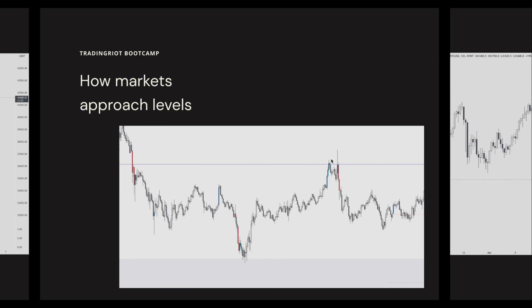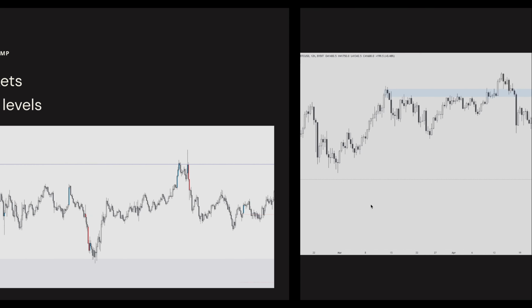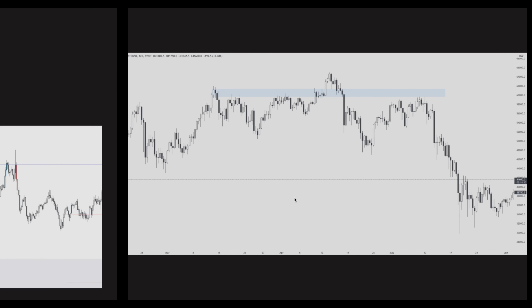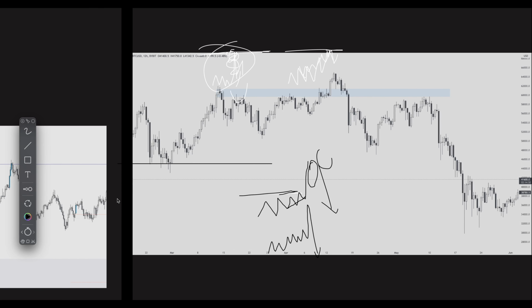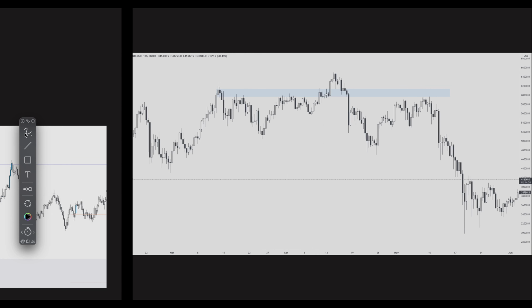So when markets are moving fast to the levels, people are usually scared or are chasing, but these are the best cases where you want to be buying or selling. We can see this on Bitcoin's 12-hour chart, the first time we went to the all-time highs. We had this level of resistance, and the market was very slowly grinding towards it.